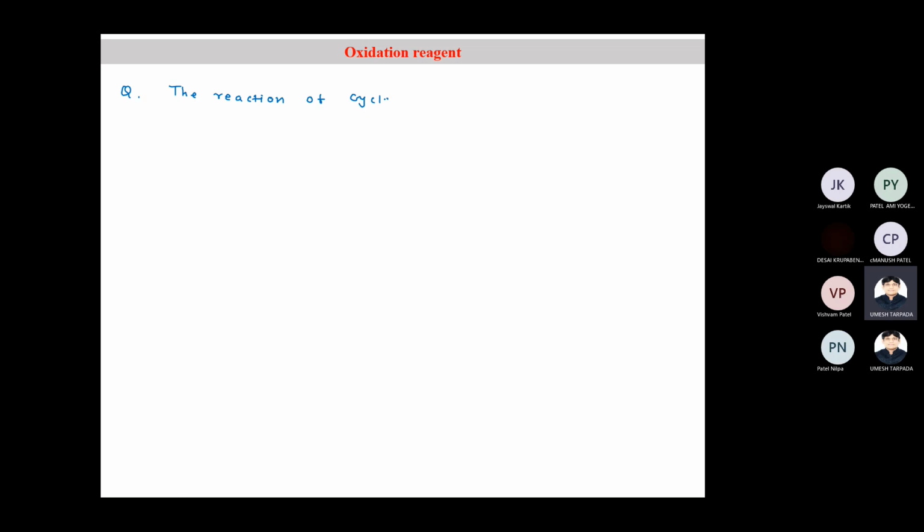The question is the reaction of cyclooctyne, that is an alkyne, with HgSO4 in the presence of aqueous H2SO4 gives what?